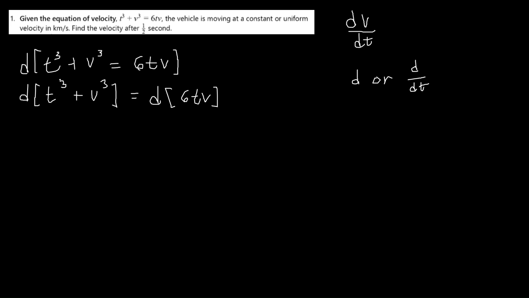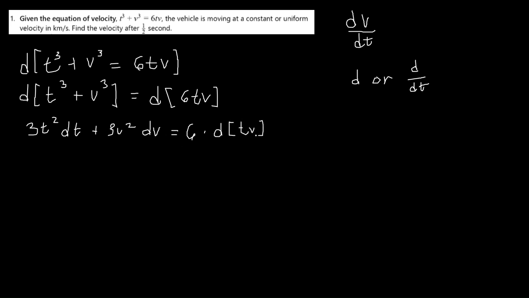So using the power rule, we will get 3t squared times dt. That's why you can do over dt so that you can just cancel out dt. We're not going to be doing that yet. So we will get plus 3v squared dv equals, here we can separate 6 from tv because it's a constant, and we can just get the derivative of tv.